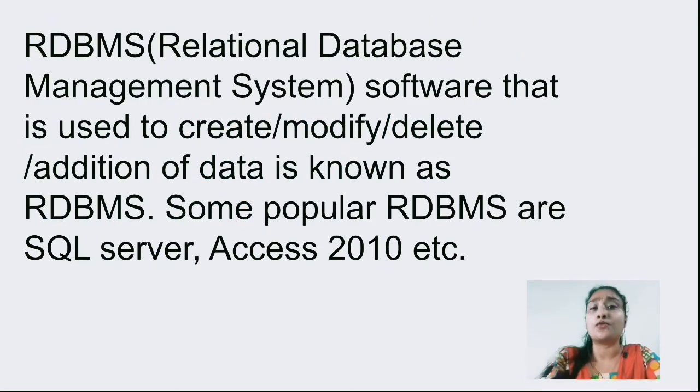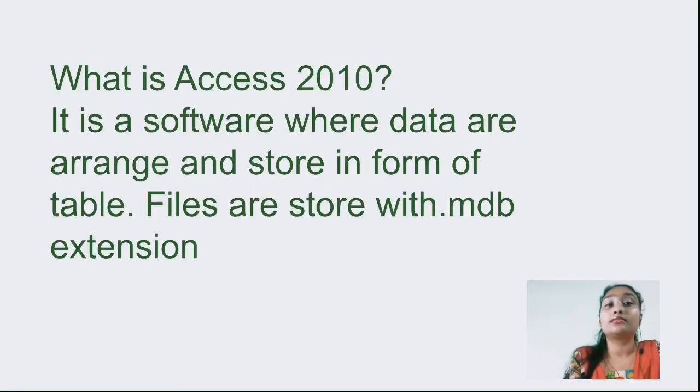Now the software which we use to maintain our data is the relational database management system, which I have told you is one of the most popular software used to create, modify, delete or add data. Now what is Access 2010?